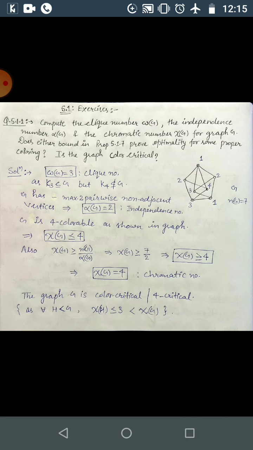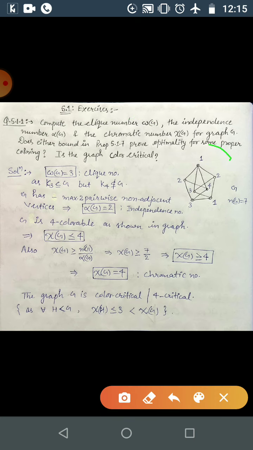First tell me the clique number, that is, the maximum number of mutually adjacent vertices. Is K1 part of this graph? Obviously yes. If K1 is a subgraph and K2 is not, then the clique number is 1.